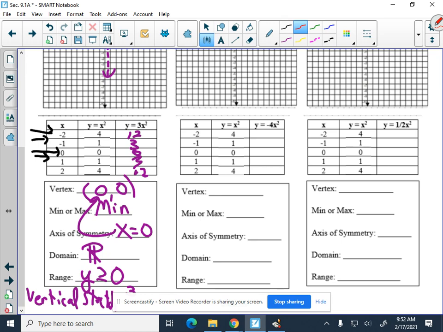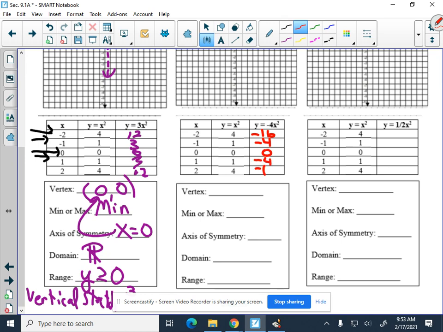No, not 4. 16, we're getting closer. What did you say? -16, because it's going to be times a negative. This one should be -4. This one should be 0. Doesn't matter if it's negative or not.